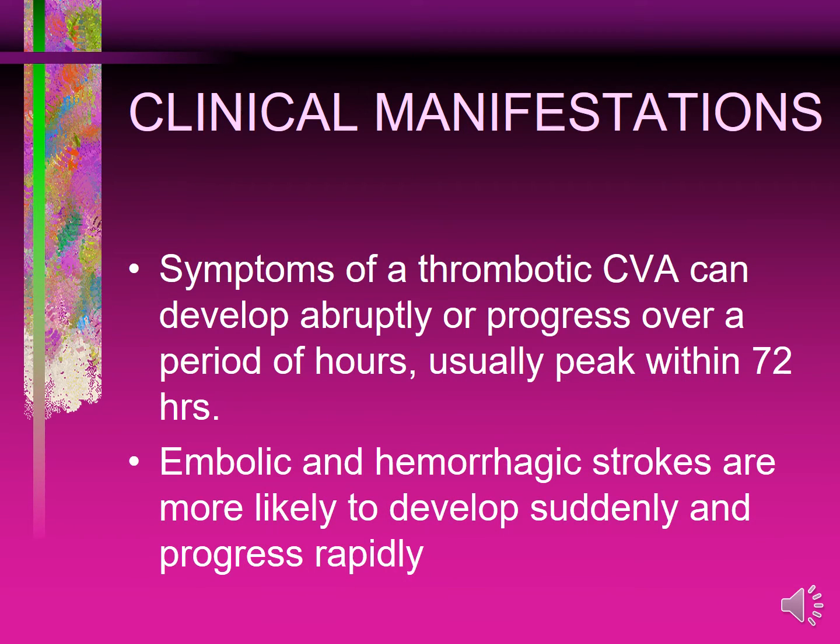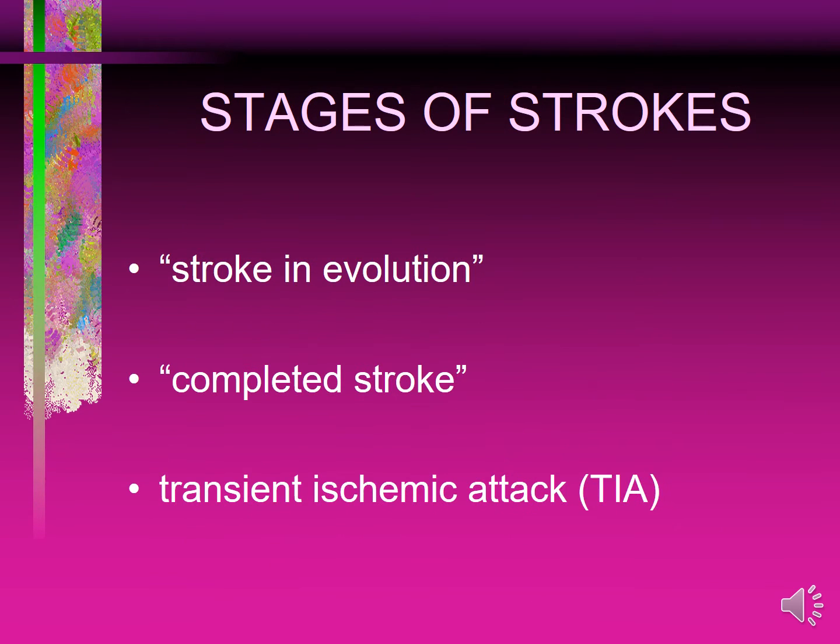So as I said before, the symptoms of a thrombotic CVA can develop abruptly, or they can progress over a period of hours, usually over 2 to 3 days. Whereas embolic and hemorrhagic strokes are much more likely to develop very suddenly and progress rapidly. You don't usually have much warning with an embolic or hemorrhagic stroke.